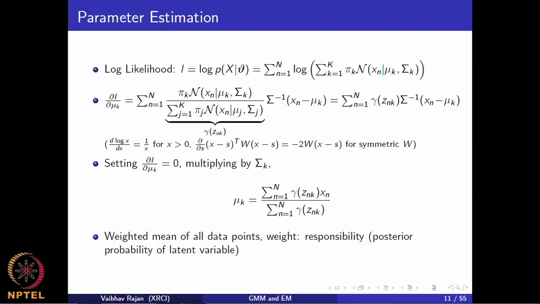So what does this mean? The mean that you have inferred is the weighted mean of all the data points, where the weight is the responsibility.